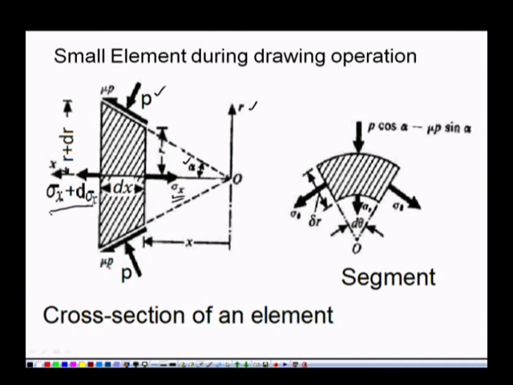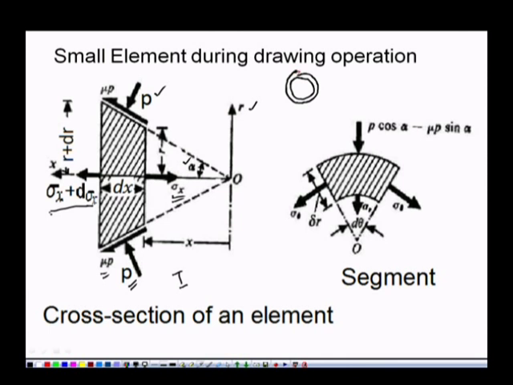Similarly, all the forces are acting in the below direction, here mu P, and the force with the P is there, and x you can already observe. In the first figure you are observing, this is a round shape, so it has a circular shape, and our strip is something like this, a small strip.